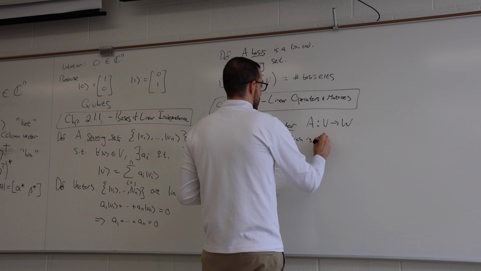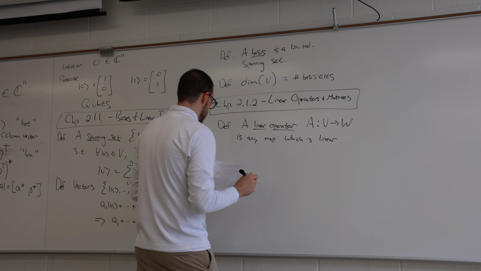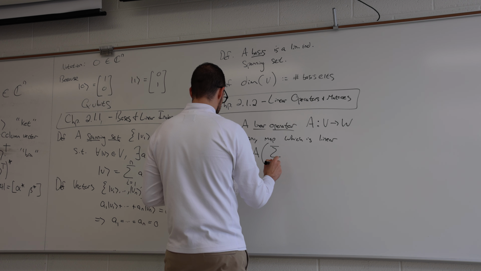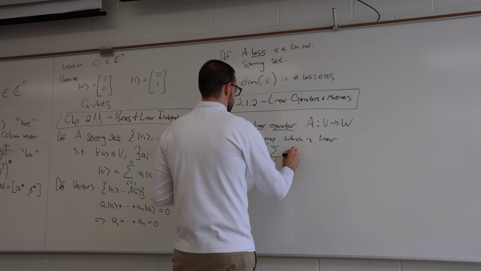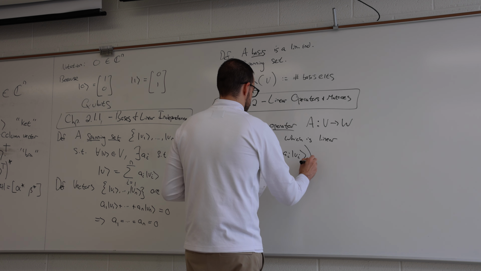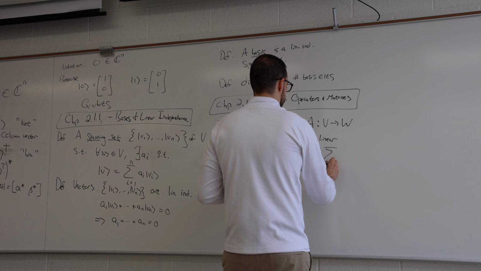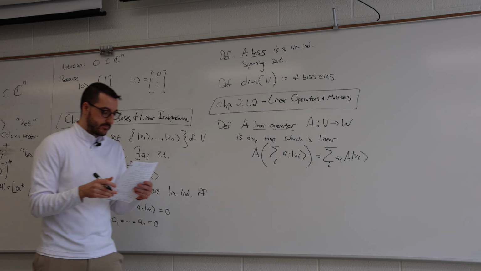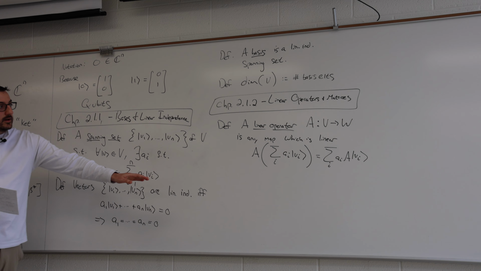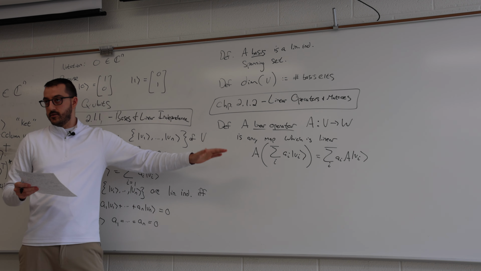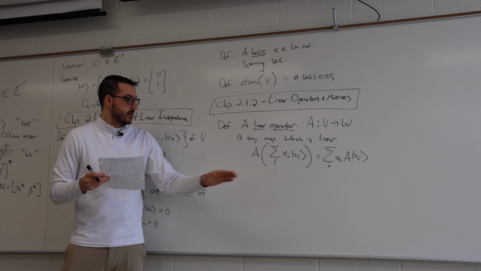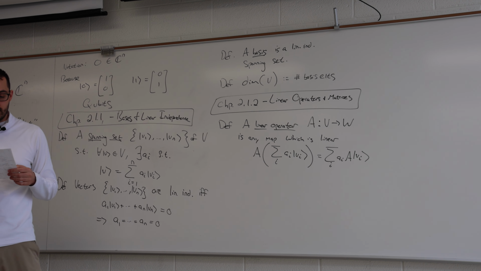This is the linear in linear algebra in the following sense. A acting on a sum over i of a_i v_i is equal to the sum over i of a_i with capital A acting on v_i. So this is the linearity principle that we used in the analysis of the Deutsch-Jozsa algorithm, and of course is fundamental to all of linear algebra.